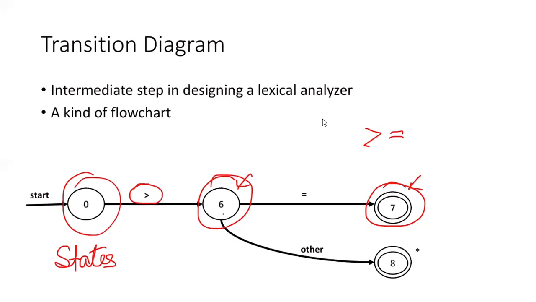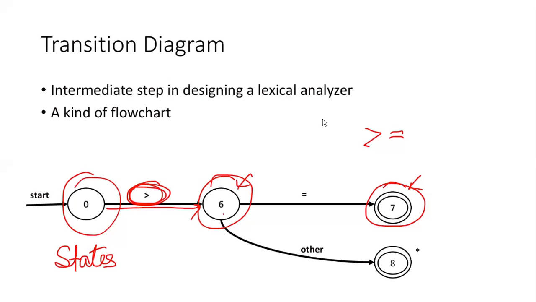Okay, so that was about your states. Then you can see this line arrow pointing from one state to another state. This is known as an edge. So it's a directed edge from one state to another state, and it is labeled by a symbol, by one character.